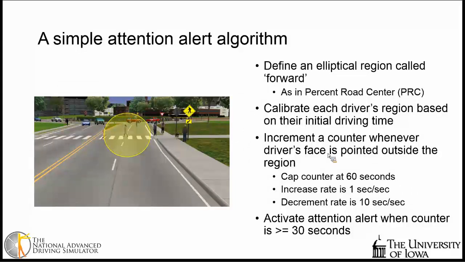So in terms of coming up with some algorithm or classifier for attention, we did try to do about the simplest thing that we could so that it would be robust. And one of the reasons we could do that was that we weren't testing a wide range of behaviors in this study.